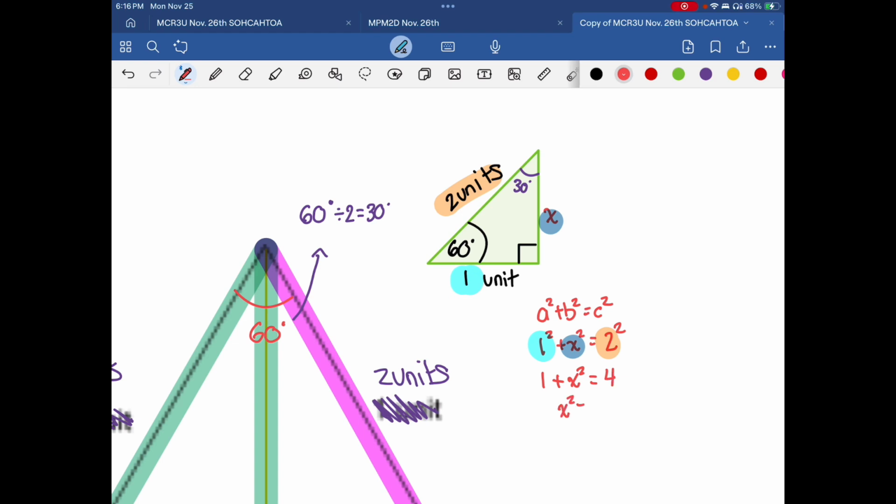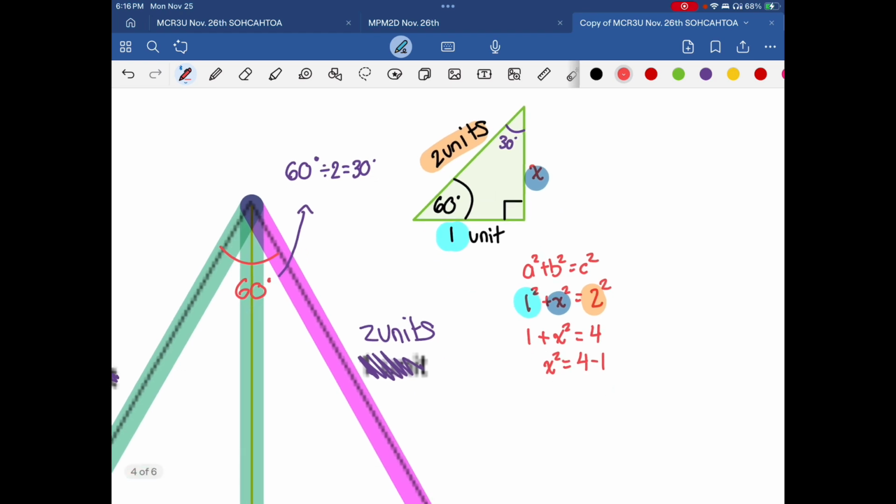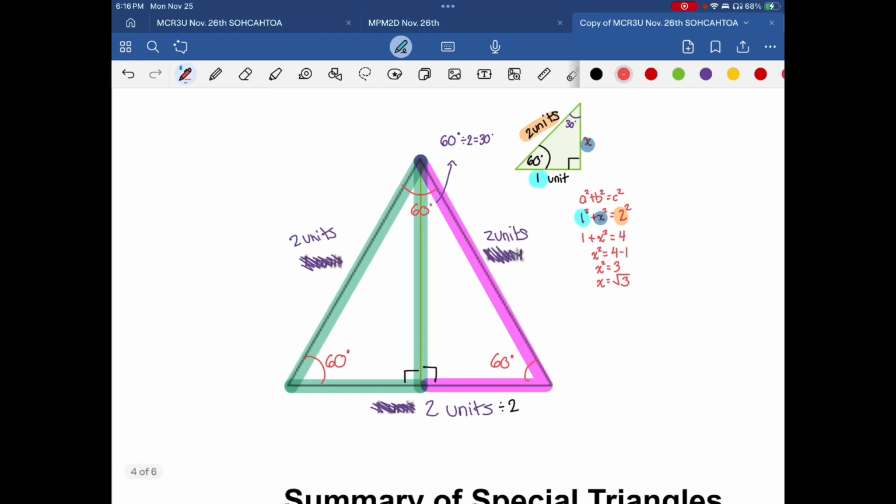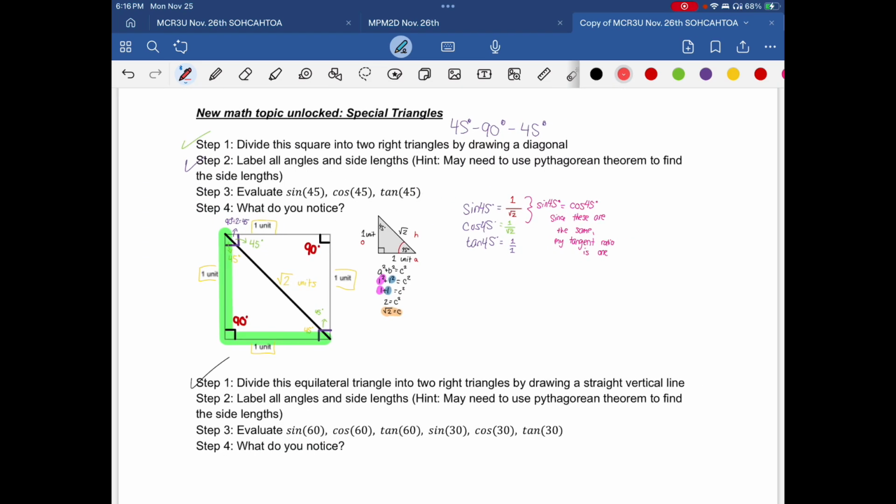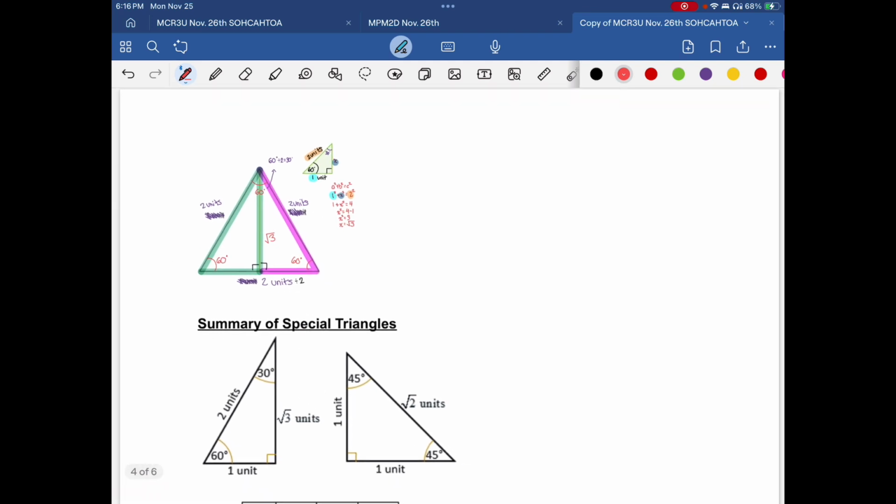So I have x squared equals 4 minus 1. x squared equals 3. But I only want the value of x, so I'm going to square root both sides, which gives me the square root of 3. Awesome. Okay, so we did 1, we did 2. Now we're going to evaluate sine 60, cos 60, tan 60.